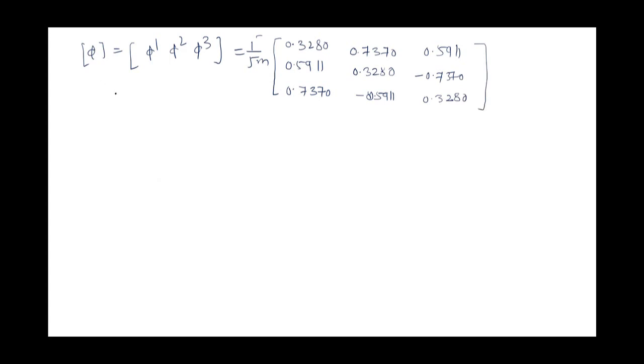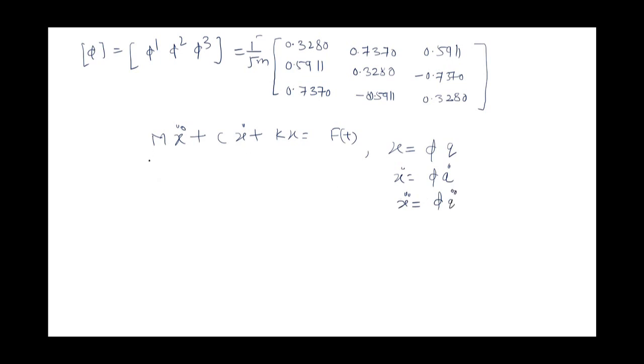As we know, in modal analysis, this was our m x double dot plus c x dot plus k x is equal to f t, and from the modal expansion theorem x is equal to phi q, x dot is equal to phi q dot and x double dot is equal to phi q double dot.